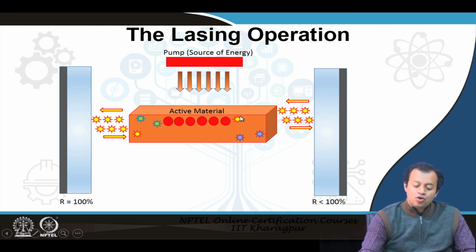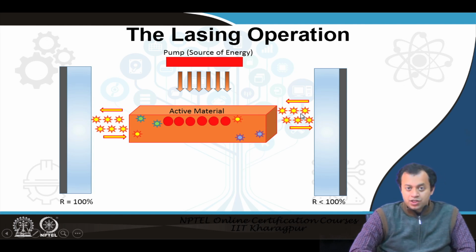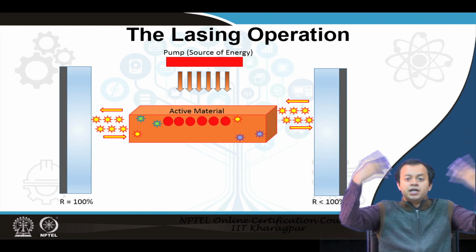All those electrons which have consumed this specific photon, with an underline under the term specific, and have gone up, will now be interfered with only by this type of photon, and stimulated emission will happen, which will generate more of the same kind of photon, which will again hit the mirror and return into the active material, and this process will build and build.